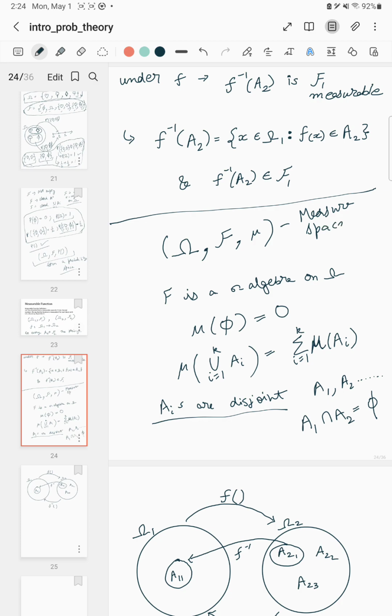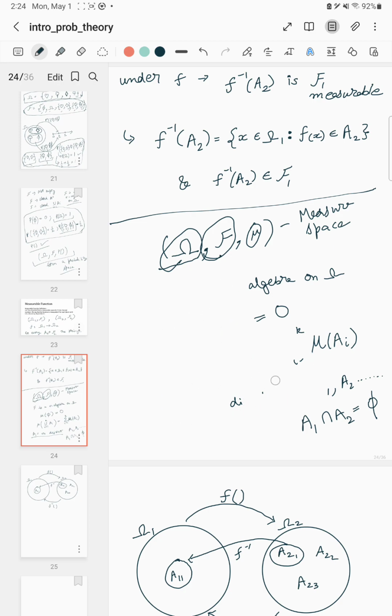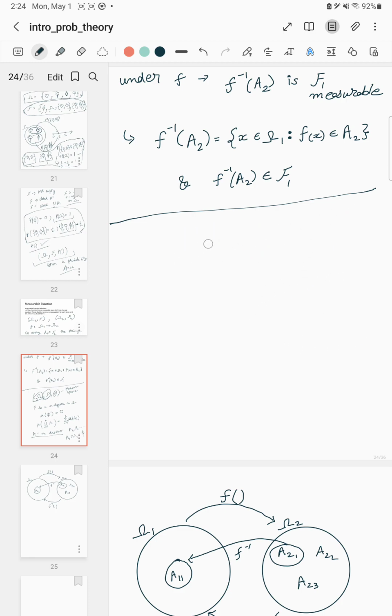And what is a measurable space? In a measurable space, we don't need to define the measure mu. We can just work with the sample space omega and its sigma algebra F. We only need these two entities for defining a measurable space. Or you can say that a measurable space is a space on which you can define a measure.